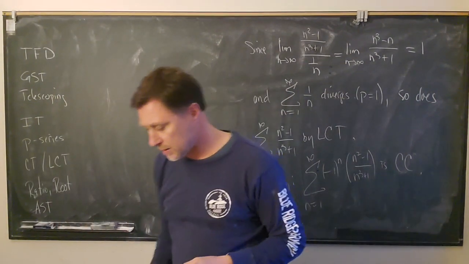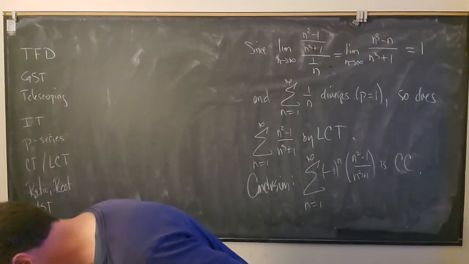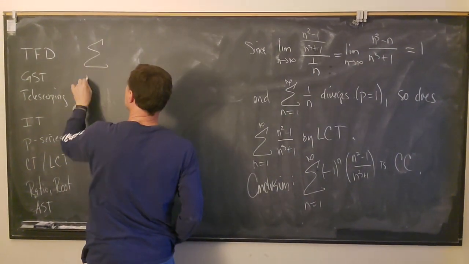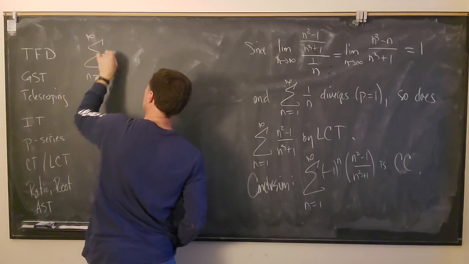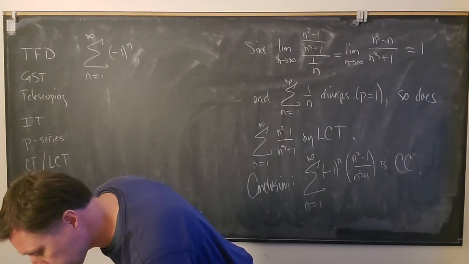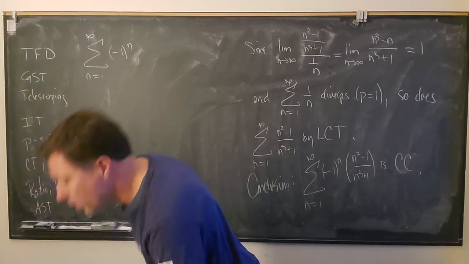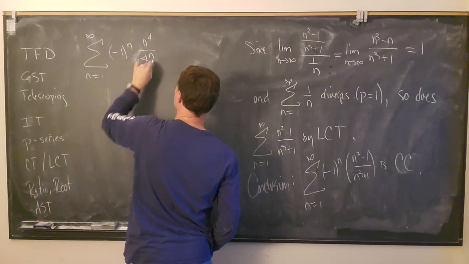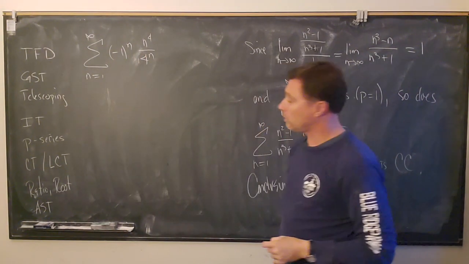Okay, next example. This one here is going to be the sum n equals 1 to infinity of minus 1 to the n, n to the 4th over 4 to the n.